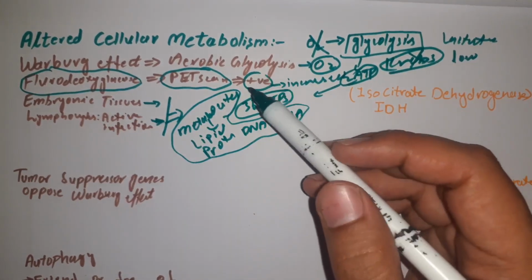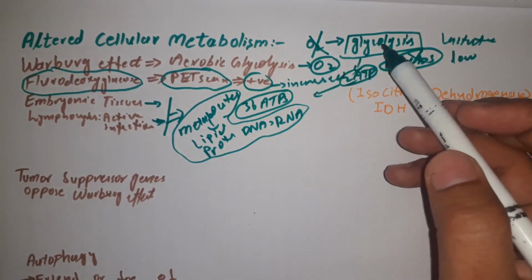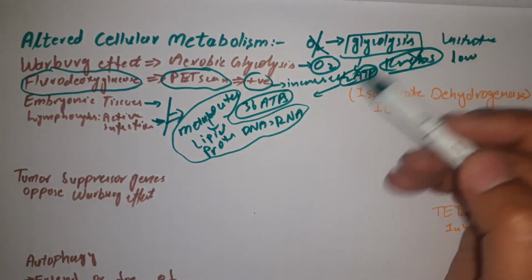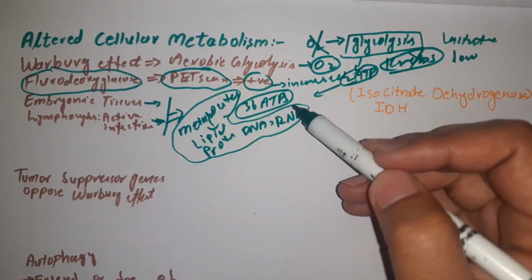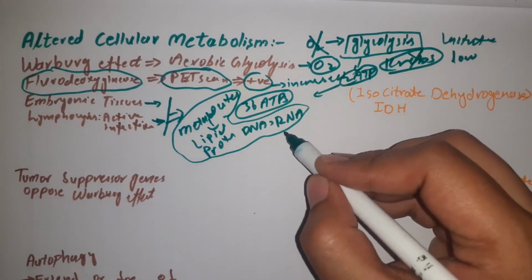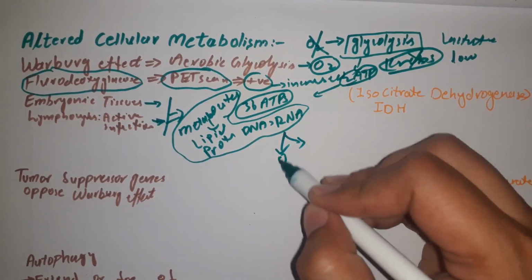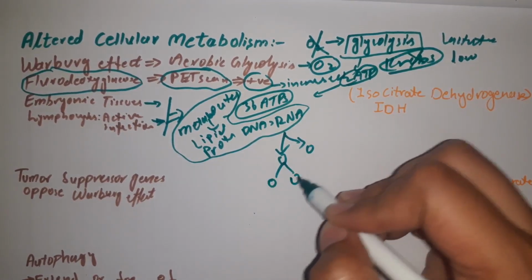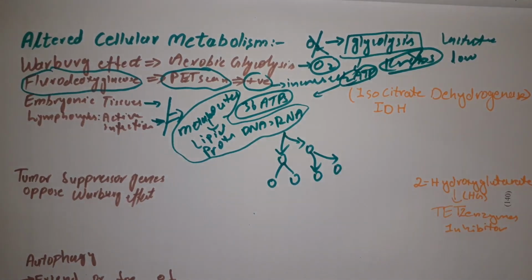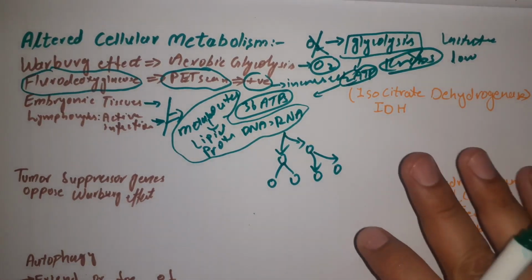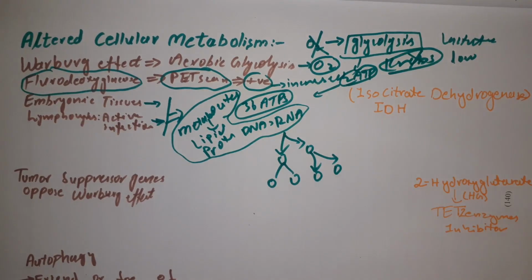So they don't use all of the glucose for the synthesis of ATP. Instead, they divert the glucose towards these metabolites so that they can grow, divide and produce more and more cells. This is the reason why they don't shunt all of the glucose to the mitochondria and Krebs cycle.